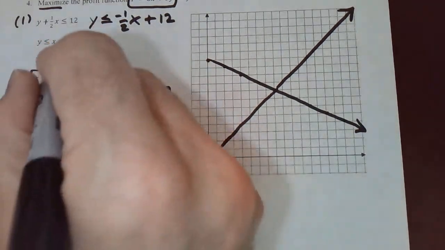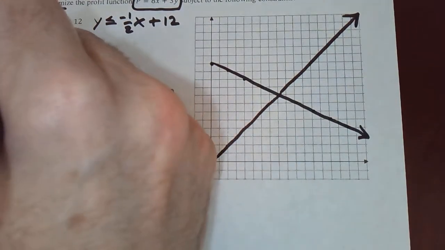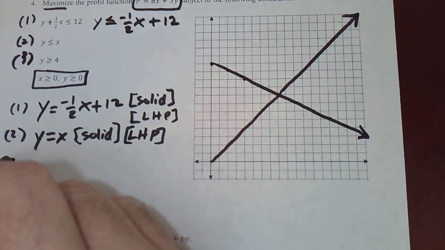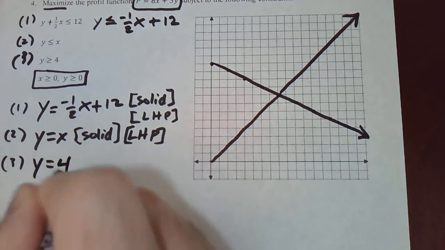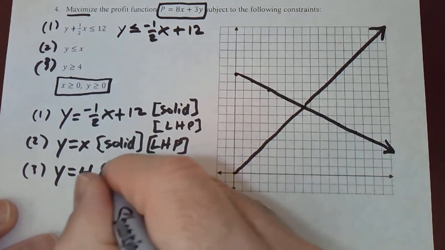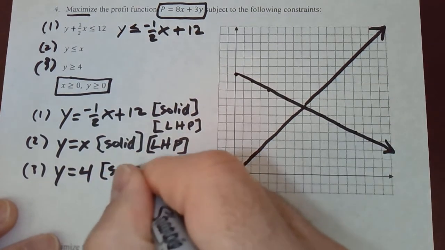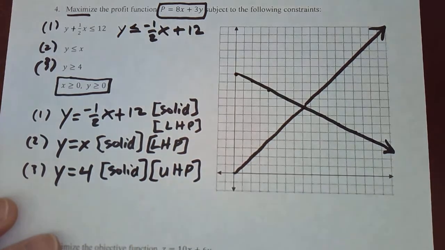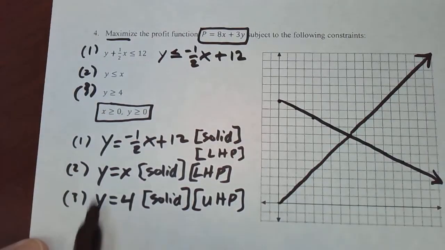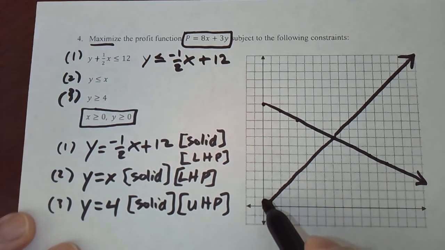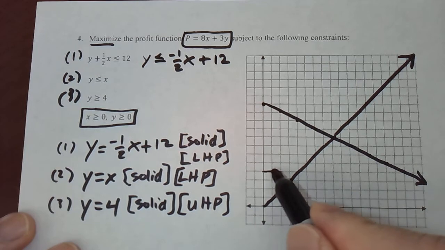The last inequality to look at, number 3, the line associated with it would be y equals 4. And this is a greater than or equal. So again, we'll have solid, but in this one, we're going to do the upper half plane. So the line y equals 4 is a horizontal line. We go up 4, 1, 2, 3, 4.